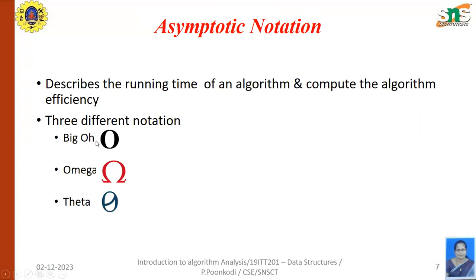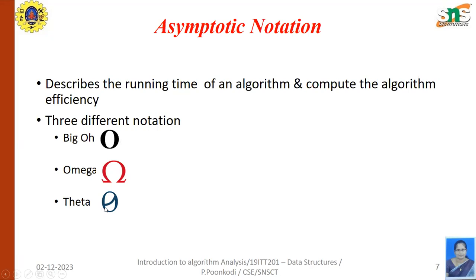Big O means upper bound: I calculate that my program will be executed within 4 seconds. If it takes up to 4 seconds at most, it is represented in big O. Then omega: in the same case, if my program execution is done within 3 seconds at least, then we represent it with omega.